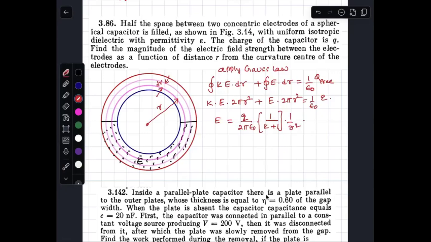So the intensity of the electric field is like this. But please note here, the charge distribution in the lower half is different from the upper half.